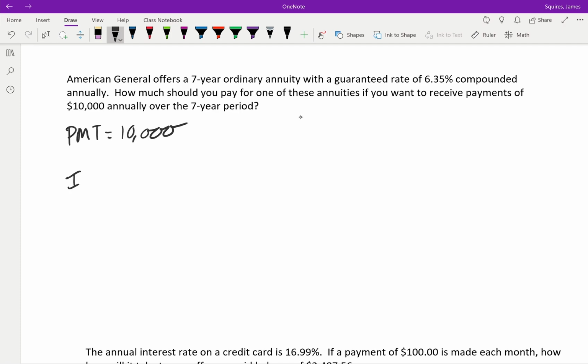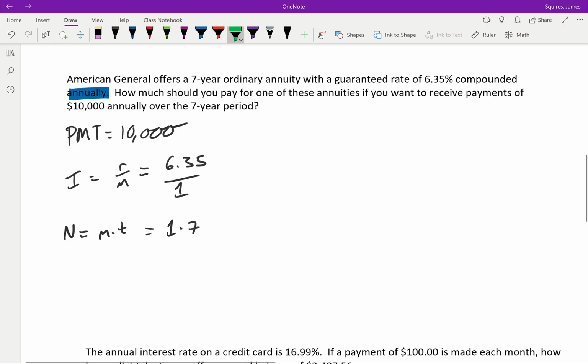To calculate I is our annual interest rate divided by M. So in this case, 6.35 divided by 1 because it's compounded annually. To calculate N equals M times T. In this case, it's a 7-year annuity received annually, so it's just going to be 1 times 7. And now we have 3 bits of information.